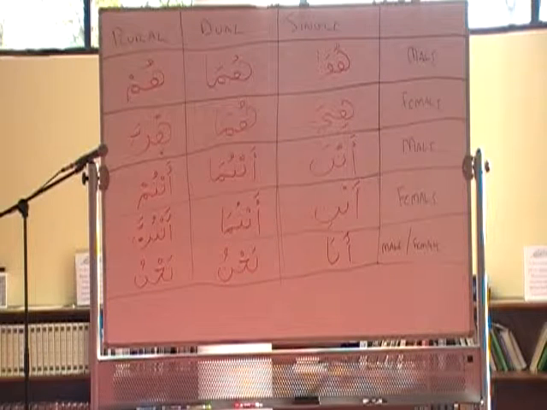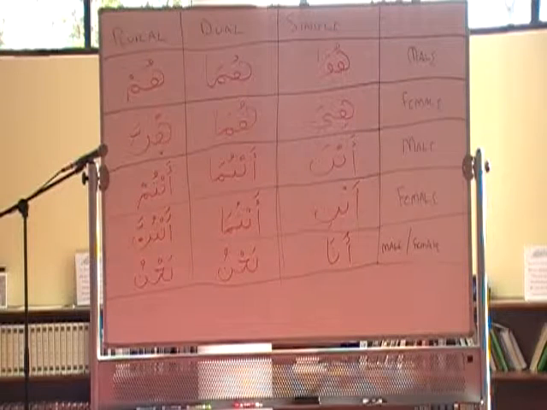Al-Quran is the subject, and Nuran is the khabar. Al-Quran is the Quran, and Nuran means light. So we translate it as the Quran is light. Excellent. I love the step-by-step process that I want you all to mimic. The first step is to identify the mubtada and the khabar.